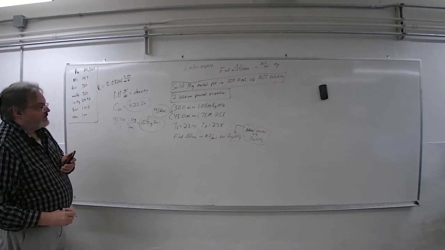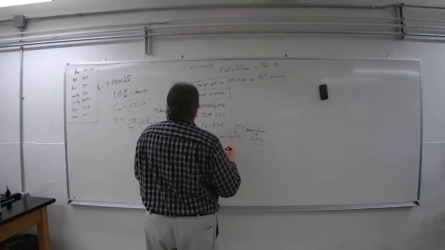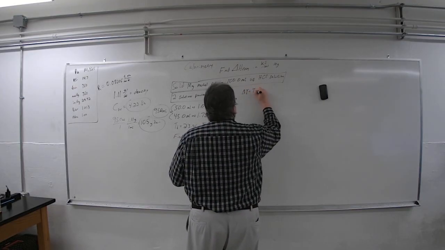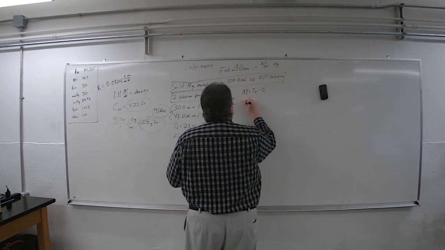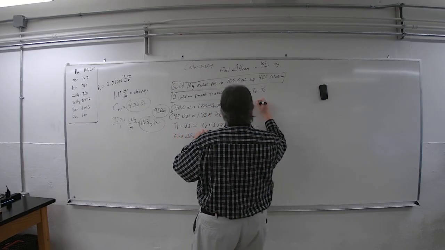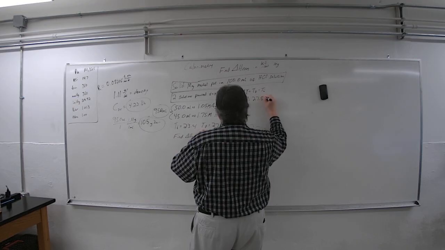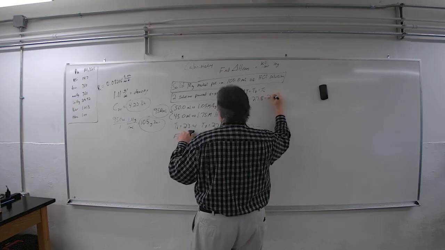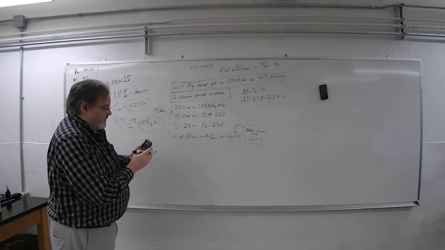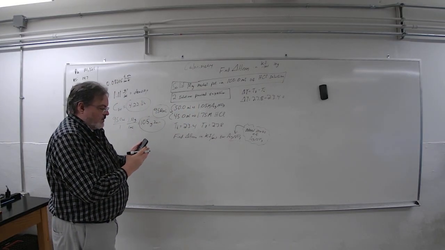We're also going to need a delta T. Delta T equals temperature final minus temperature initial. Final is 27.8. Initial is 23.4. 27.8 minus 23.4.